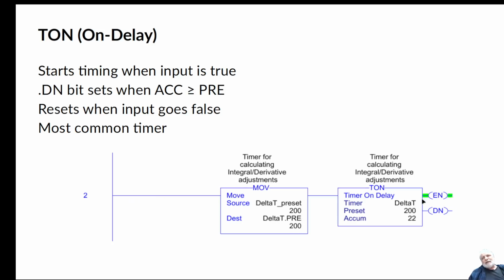The enable bit is green, telling us that that's a 1, but the done bit is not done because it's only at 22. It's got to get to 200, and then the done bit will turn on. In this type of thing, to restart the timer I would have to use a reset rung later on to reset my timer.